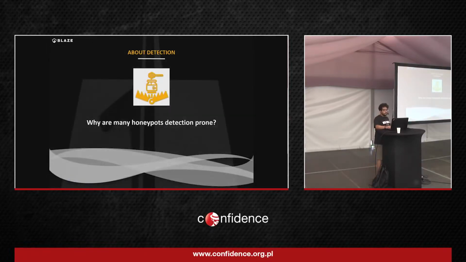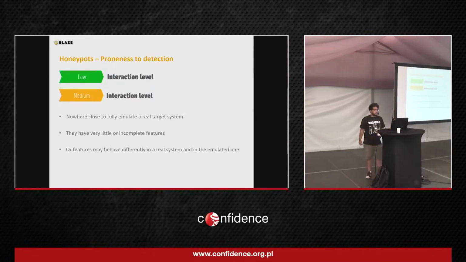So why are they prone to detection? The low and medium interaction honeypots are nowhere close to emulating a full, real target system, and they have lots of incomplete features, as I said. This is why it's pretty easy: as soon as you're there, you can tell immediately that it's not a real system.